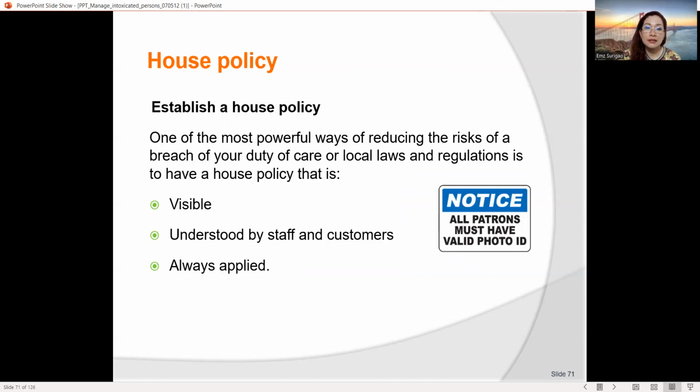Establishment policy or house policy: one of the most powerful ways of reducing the risk of a breach of your duty of care or local laws and regulation is to have a house policy that is first visible, second understood by staff and customers, and third always applied. Okay, so it should not be banned if your friend is there. It should be for all.